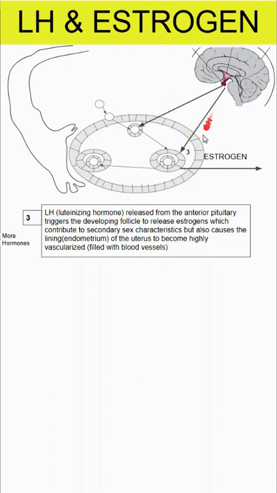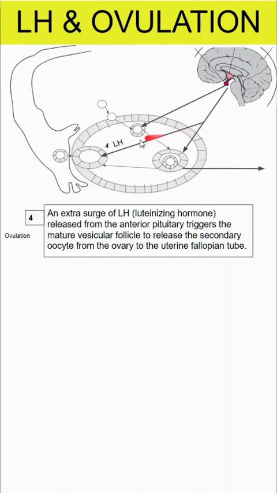So when LH hits the first time, luteinizing hormone, this developing follicle is going to secrete estrogen, and that estrogen is going to prep the endometrium, or the lining of the uterus, to become filled with blood vessels. Again, this second surge of LH is causing the actual ovulation, where that secondary oocyte is going to go into the fallopian tube for possible fertilization.